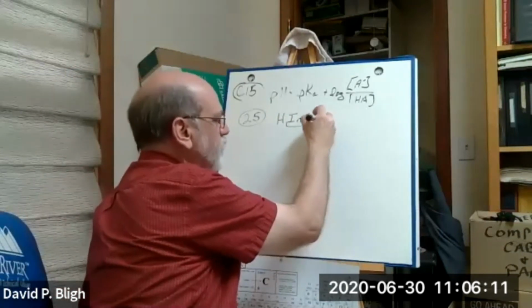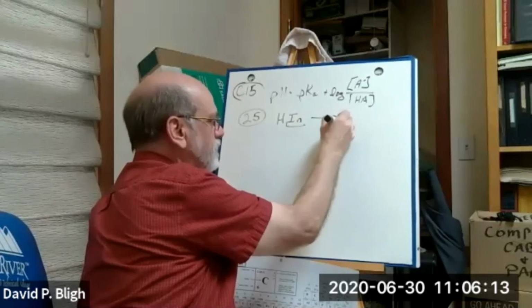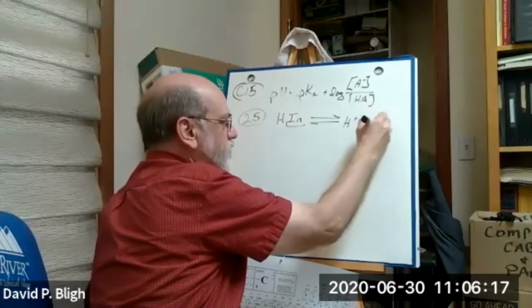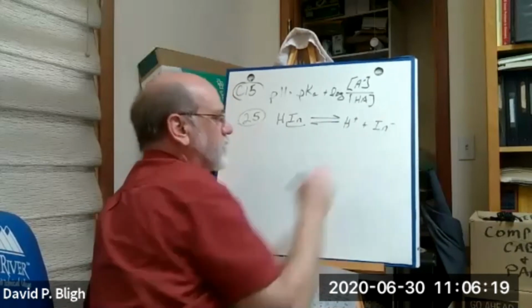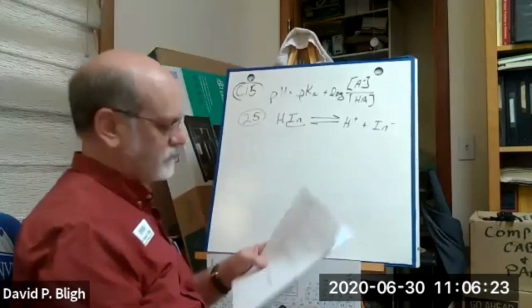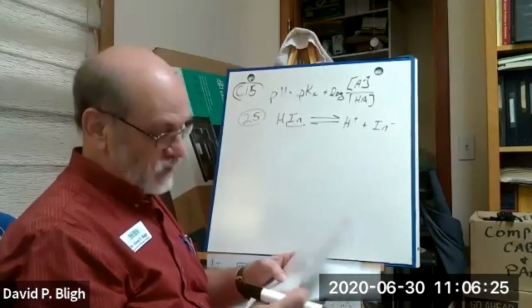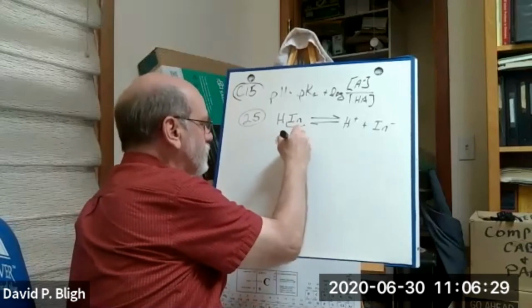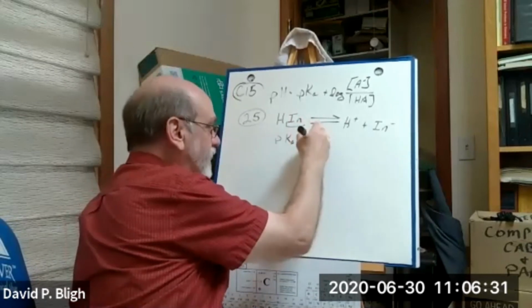And during the reaction, the indicator is going to undergo this type of reaction. Right? So the color here is going to be different than the color there. That's why it's an indicator. The pKa for this reaction is 9.